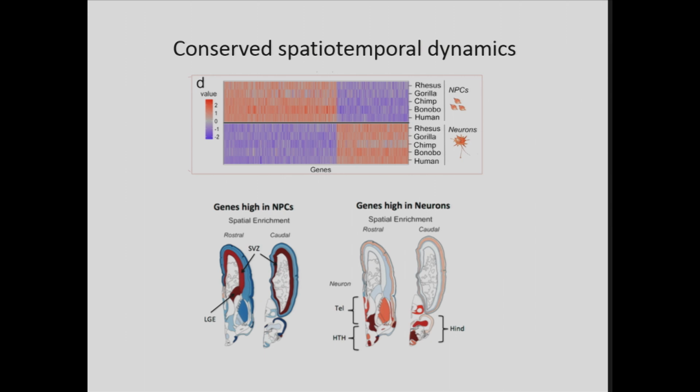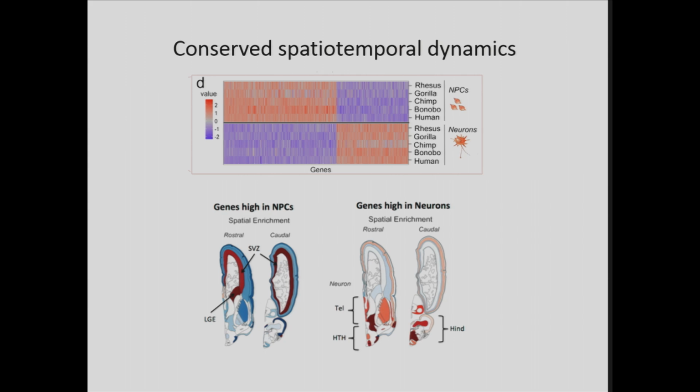If we look back at that gene expression profile that I showed you before with neural progenitor cells and neurons, we see that the neural progenitor cells tend to express genes that are in the highly proliferative regions of the brain. So this is exactly what we'd expect. And the genes that are high in neurons are in the highly differentiated regions of the brain. They're no longer in the SVZ-VZ area, they're in the telencephalon, they're in the hindbrain, they're in the developing, maturing region of the brain.